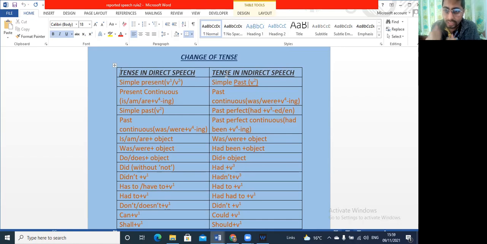Similarly, past perfect continuous is also not changed. Present continuous is changed into past continuous. Past continuous is changed into past perfect continuous. These were some of the basic rules that we have to understand.